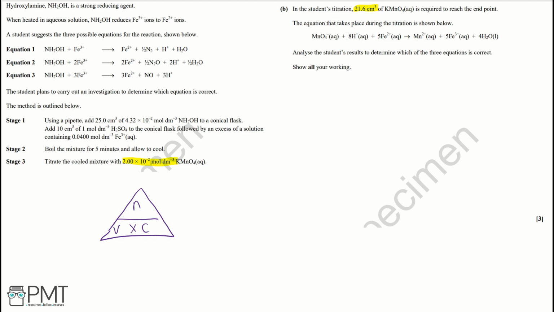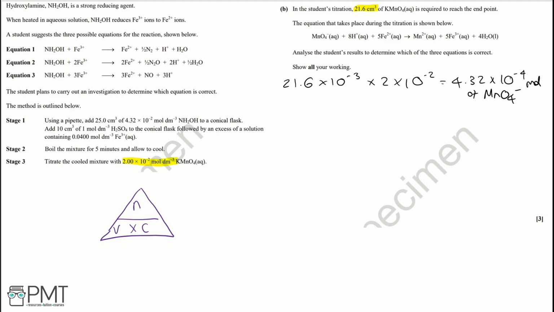So that would be 21.6 times 10 to the negative 3, because we're converting centimeters cubed into decimeters cubed, and then multiplied by 2 times 10 to the negative 2. And that would equal 4.32 times 10 to the negative 4 moles of MnO4 minus.